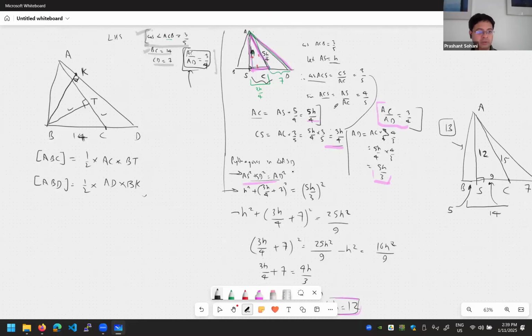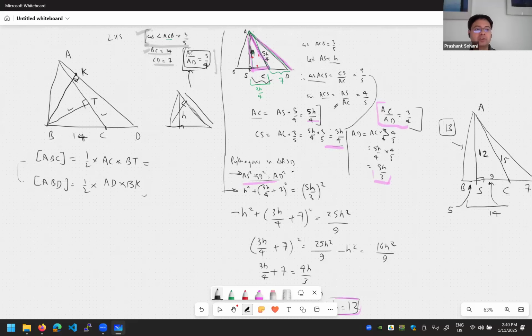Okay, and what is the point of writing these two areas? Whenever you have a triangle, right, you can find its area in multiple ways. You can take this as the base and this as the height, or I can take this as the base and this as the height. So every combination of base and height will give me the area.